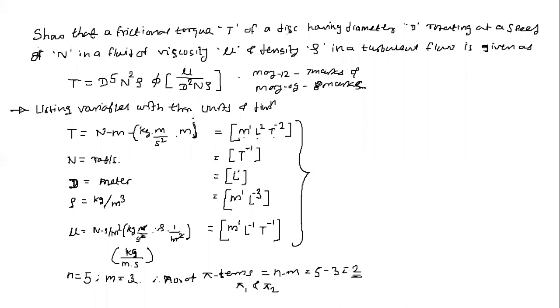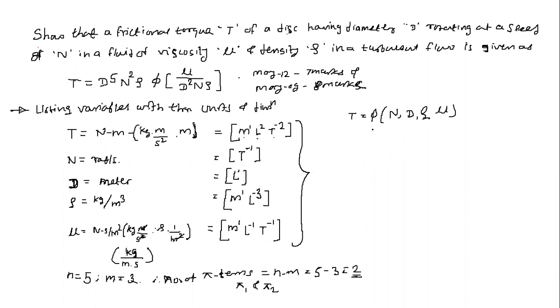From the given variables we can write T as a function of the remaining variables, because T is the dependent variable. It depends on N, the disk diameter D, the density rho, and the viscosity mu.